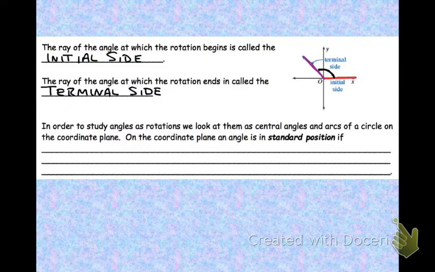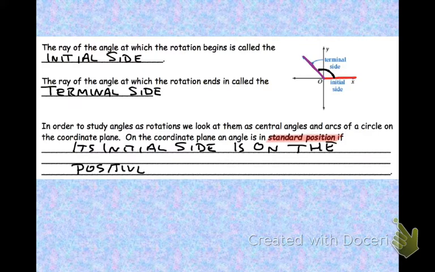In order to study angles as rotations, we look at them as central angles and arcs of a circle on the coordinate plane. If an angle is in what's called standard position, it means that its initial side is on the positive x-axis.